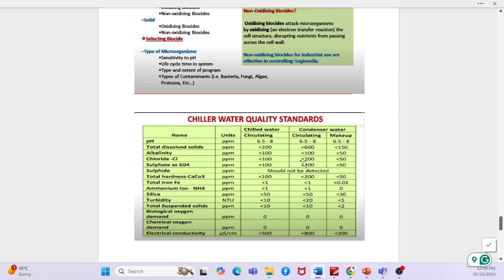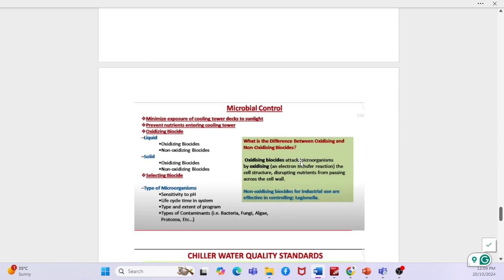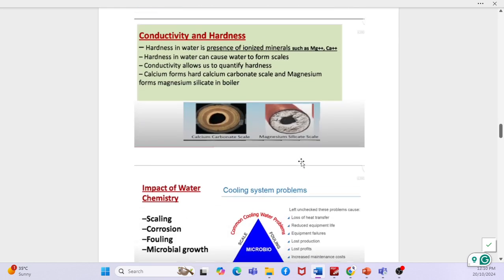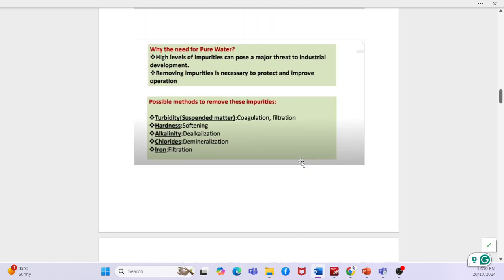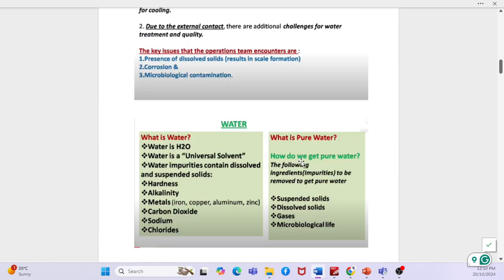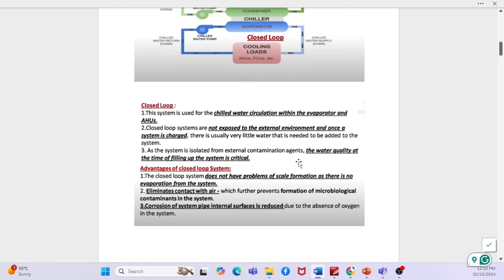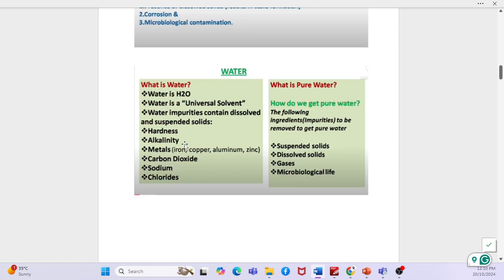As we have seen previously, the water consists of, I think we have seen here, yes, here the water is H2O. It consists of hydrogen and oxygen, right?